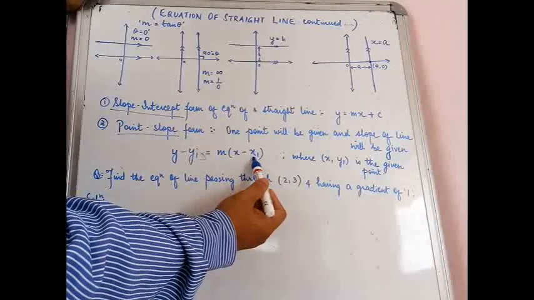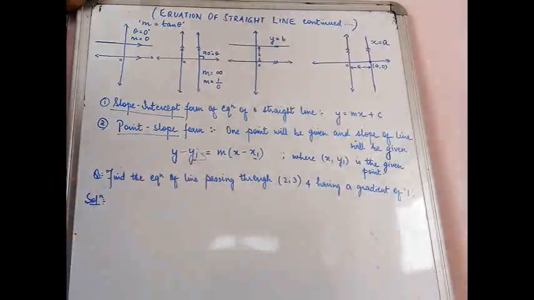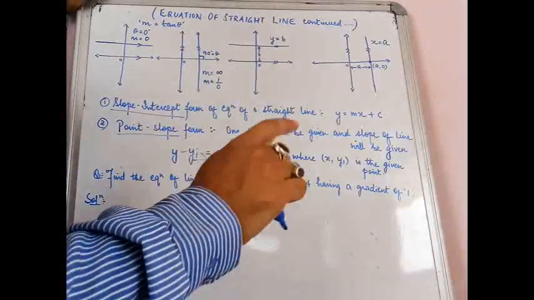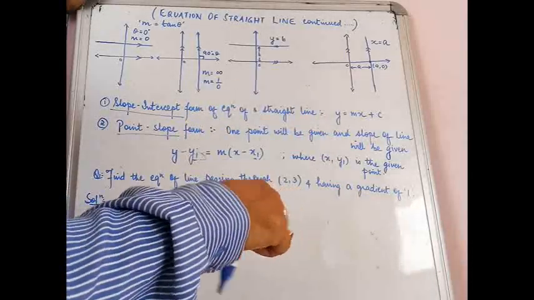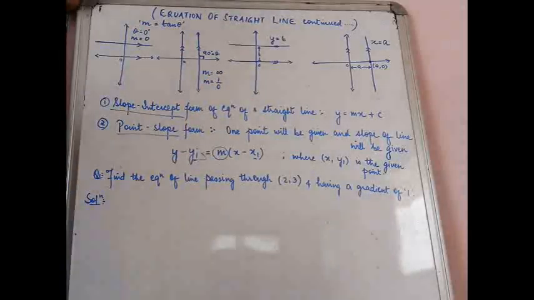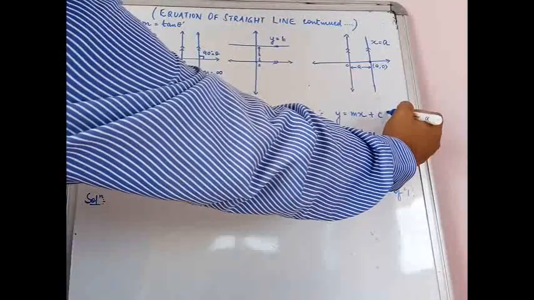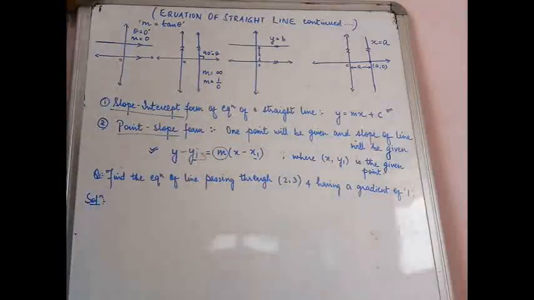This point x1, y1 will be the given point, and obviously your slope m will also be given in the question. So just like you memorized the previous form, you will have to memorize this form also.